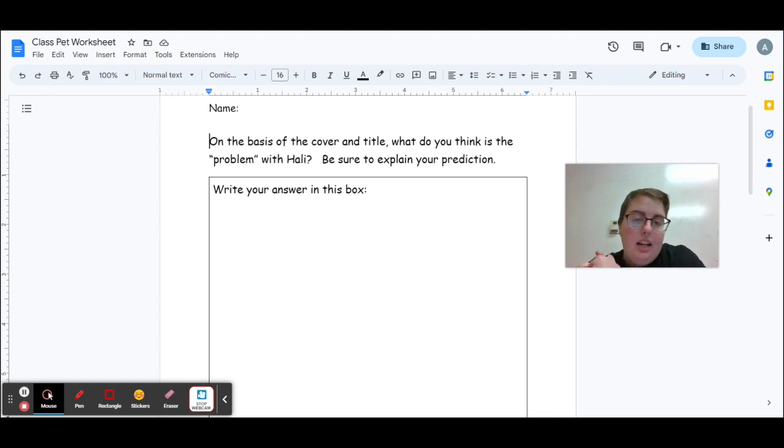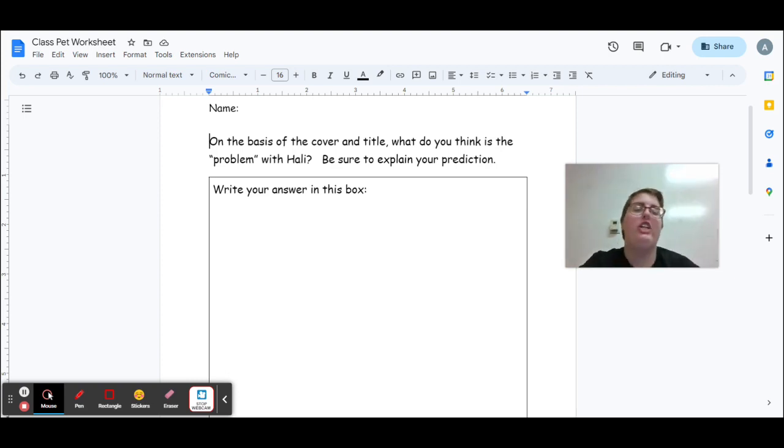And then I also have on the board an example sentence, which says, I think that blank is a problem with halitosis because. So it's modeling how to make a prediction, and then they're practicing how to make a prediction.